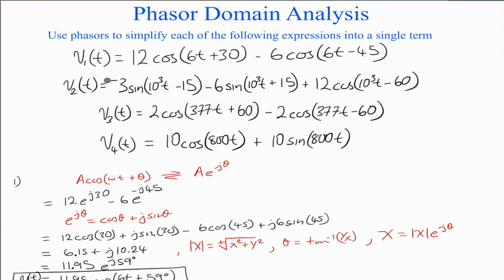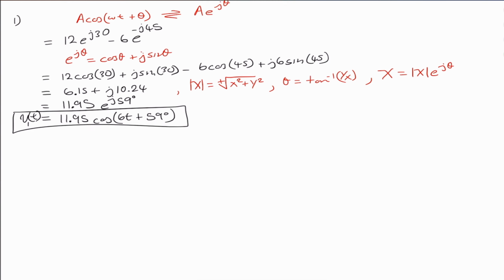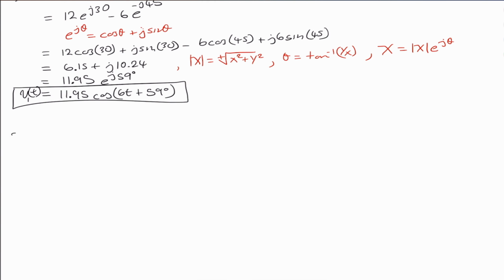We can then attack v2 of t. We can change both our sines to a positive cosine and then evaluate. To change a sine to a positive cosine, we use the identity: cosine of x is equal to plus or minus sine of x plus or minus 90. We can then go ahead and change our sign.